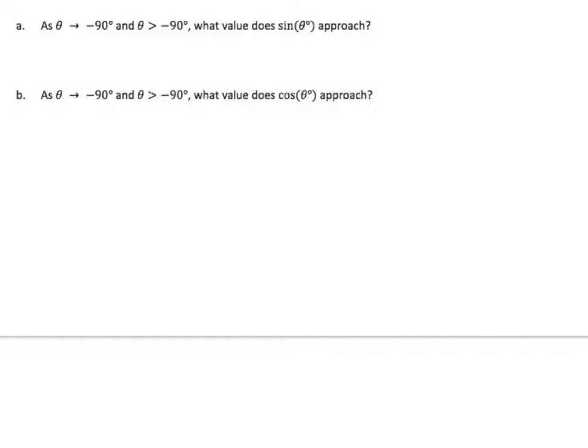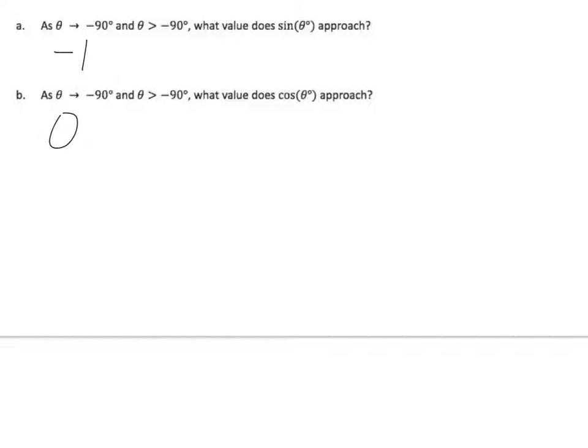As theta approaches negative 90 degrees and theta is greater than negative 90 degrees, what does the value of sine theta approach? If I just look at the chart, sine theta approached negative 1. And as theta goes to negative 90 and theta is greater than negative 90, what value does cosine theta approach?